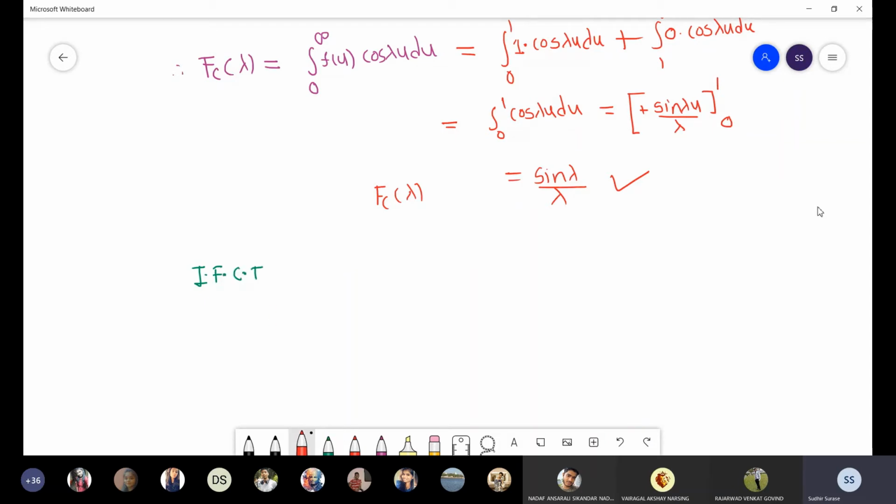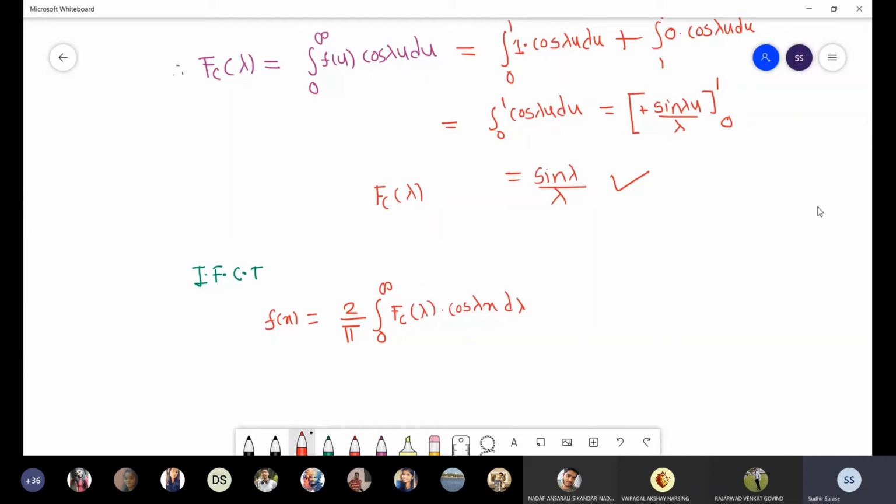It is given by f of x equal to 2 upon pi. Let us revise that second formula: the inverse Fourier cosine transform is 2 upon pi, integral 0 to infinity of f suffix c of lambda, because it is the cosine transform, times cos lambda x d lambda. That was the second formula.